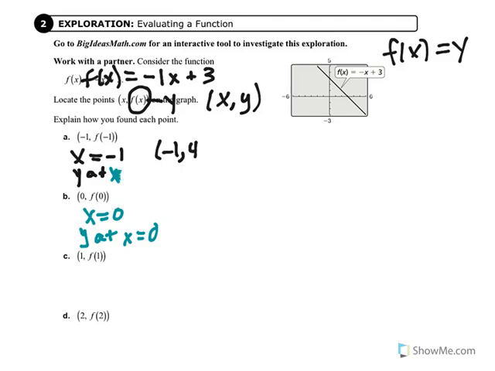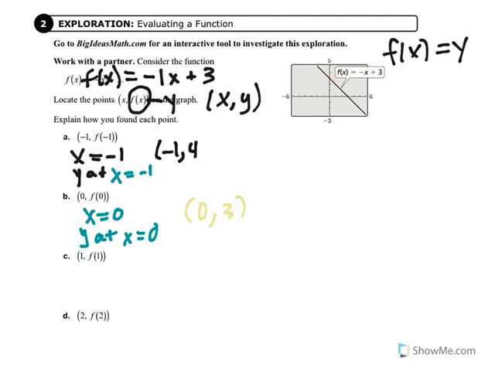Let me erase this. Okay, all right. So we are going to go to x is 0, which is right here, and we're going to go all the way up till we find our y, which looks like 3. So this would be 0, comma 3.